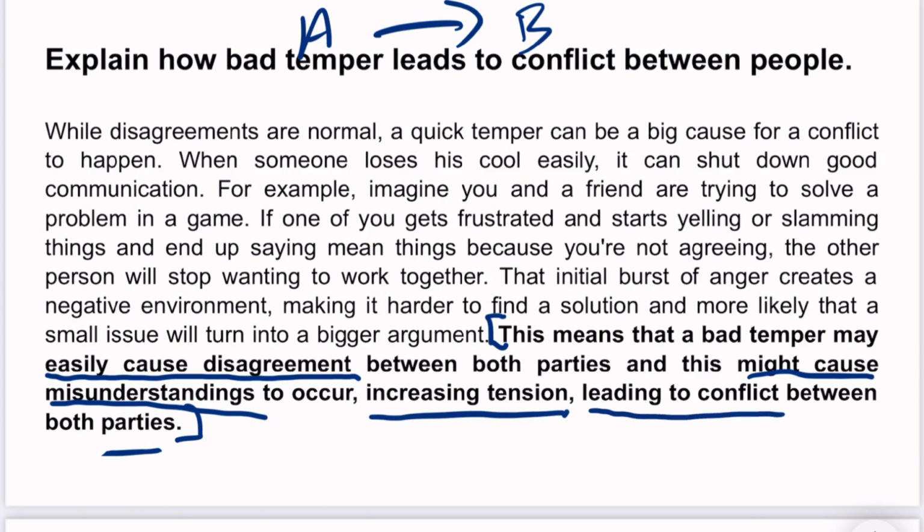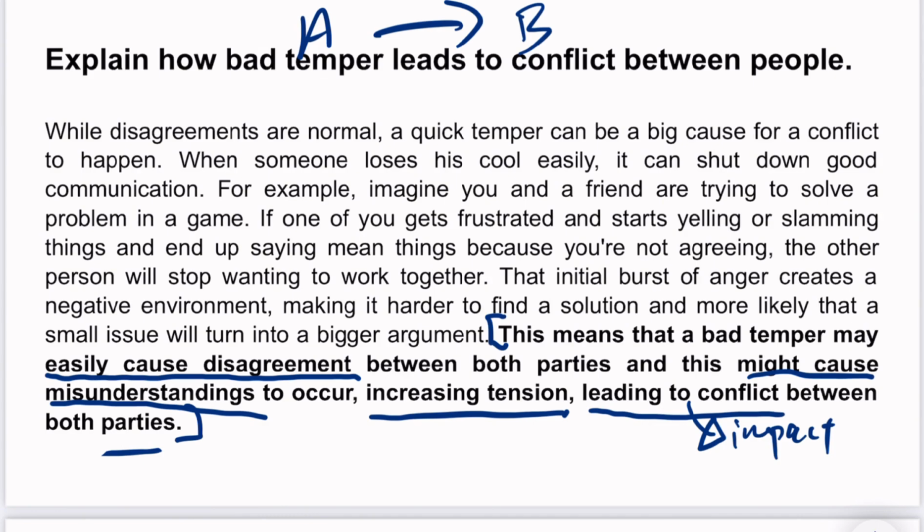So in this case, what I've written as the explanation is not the impact, if you realize that, because the impact here is the conflict, correct? Whatever I've written is not really the impact, but it is the process which leads to that impact. So this is one other way that you can use to explain your point.